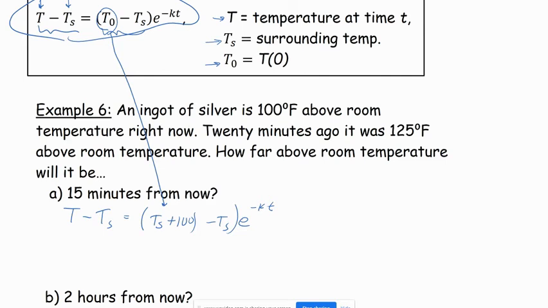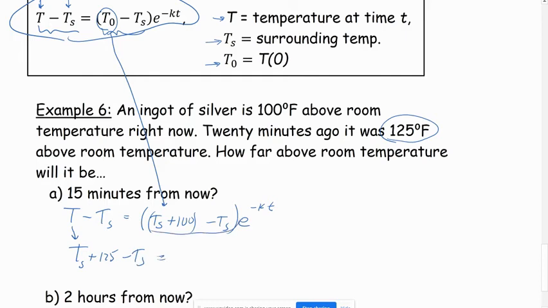and so these Ts's are going to cancel. So 20 minutes later, the temperature is 125 above room temperature. So the temperature now we're going to fill in is T sub s plus 125.